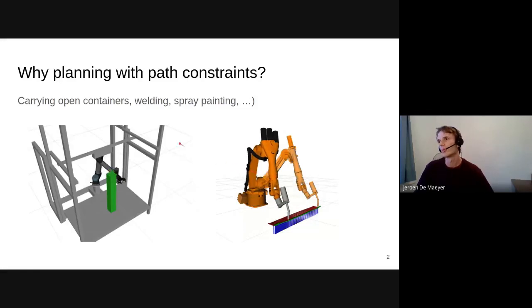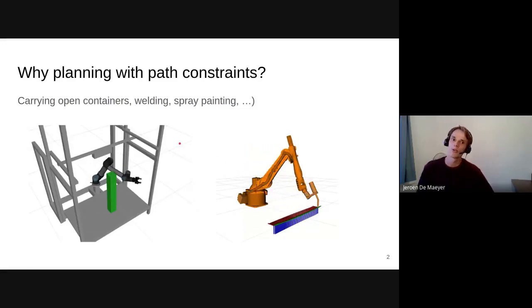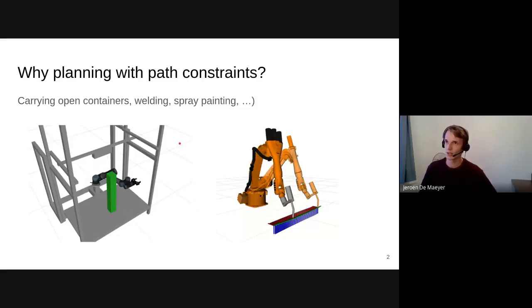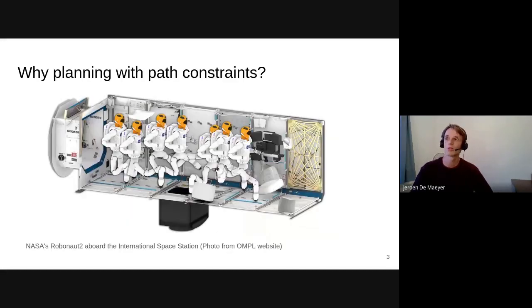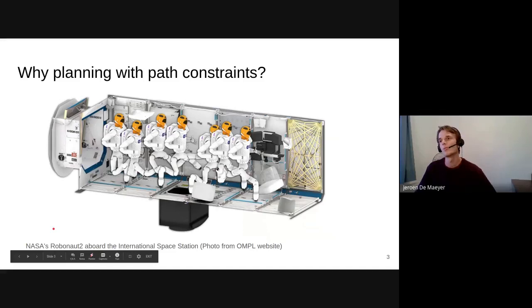Then we have robot welding, and in the case of the specific planning algorithm I will talk about, there is also the Robonaut 2, which has to do these complicated motions inside a tight container and then has to grab these rails at the side. This is also a path constraint on an end effector, but on a system with a lot more degrees of freedom.